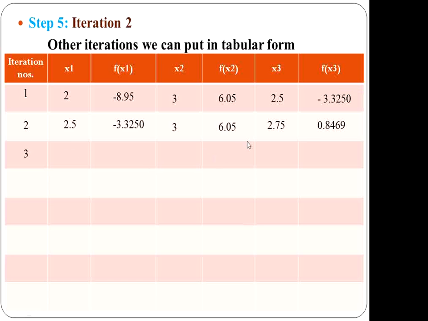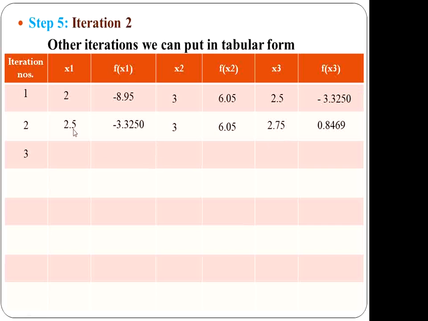We have to check it here. The function of x3 is positive, so which function is positive? The function of x1 is negative, the function of x2 is positive, so the function of x2 and the function of x3 are positive. For that, now we can write x3 becomes the new x2. It means what is the new value of x2? That is 2.75.